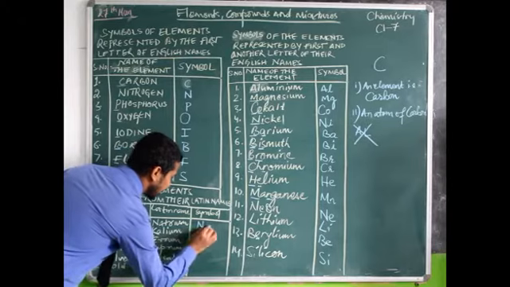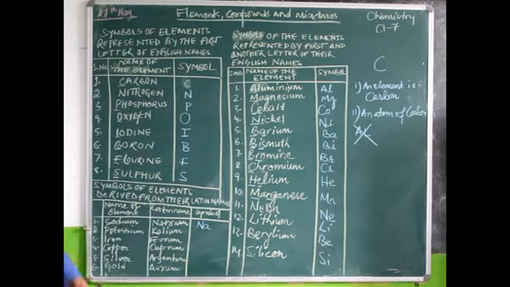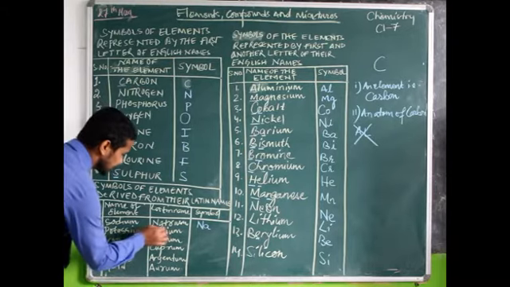We know that it is Na. Sodium symbol is Na. But in the name sodium there is no N and there is no A. So you may think how it came. It has come from the Latin name natrium. So what is the Latin name of sodium? Natrium. First letter N, second letter a.